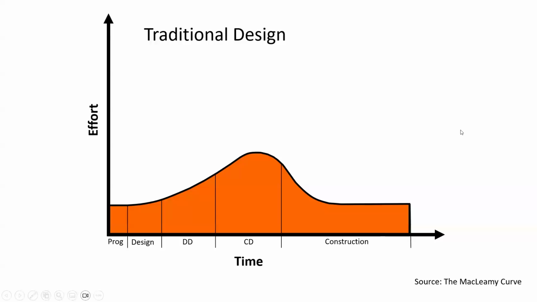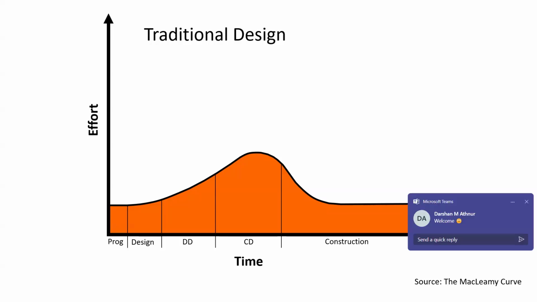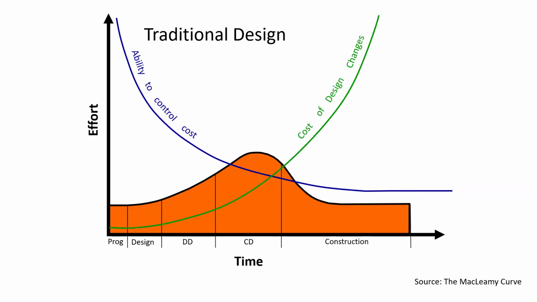So according to the design phase, from progress design phase to construction documentation phase, in the traditional design process it was taking a lot of time from progress designing to the detailed development portion. But with the help of newer design abilities, we are able to have cost constraints to it.